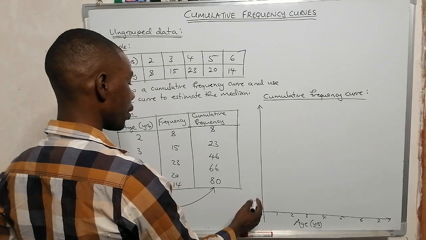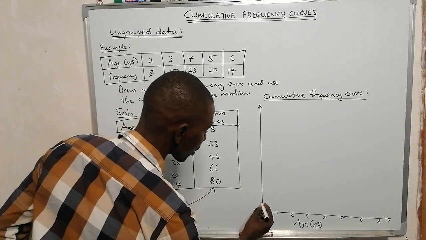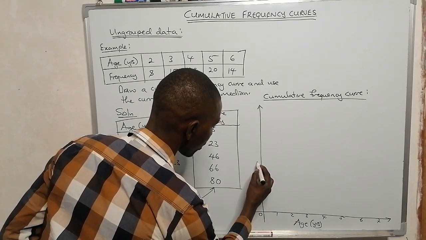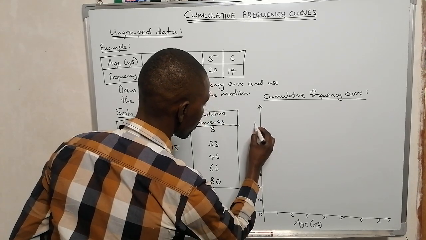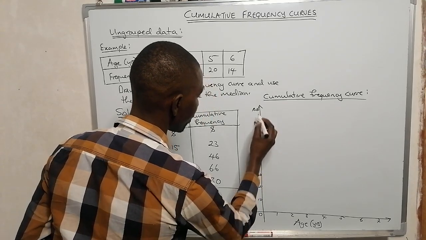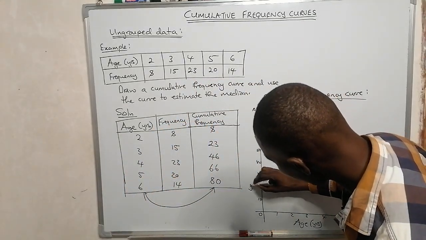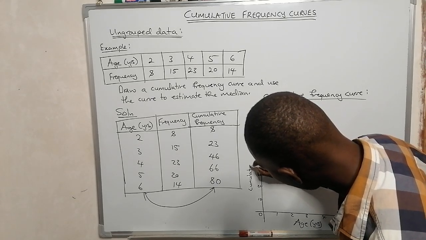Then here we have cumulative frequency. We can use 10, 20, 30, 40, 50, 60, 70, then 80.